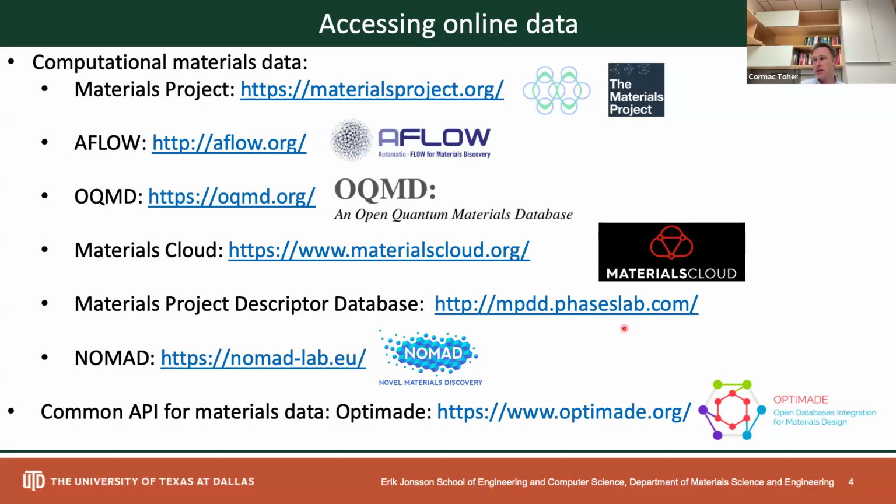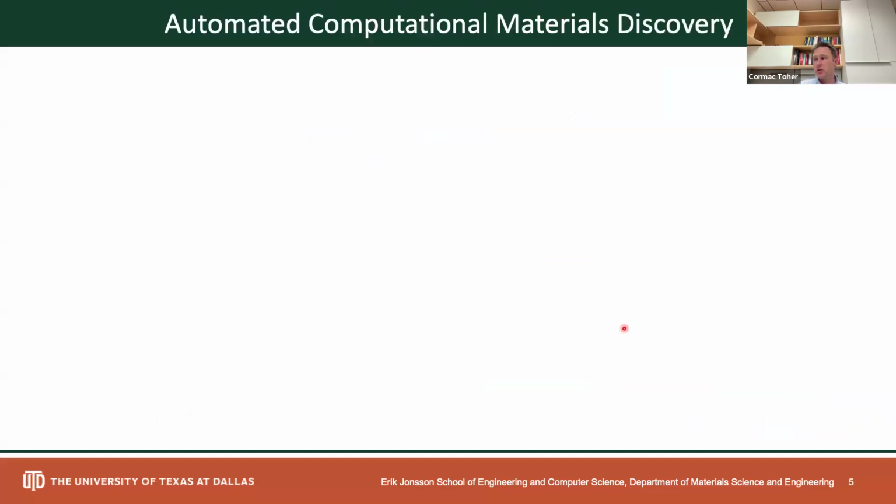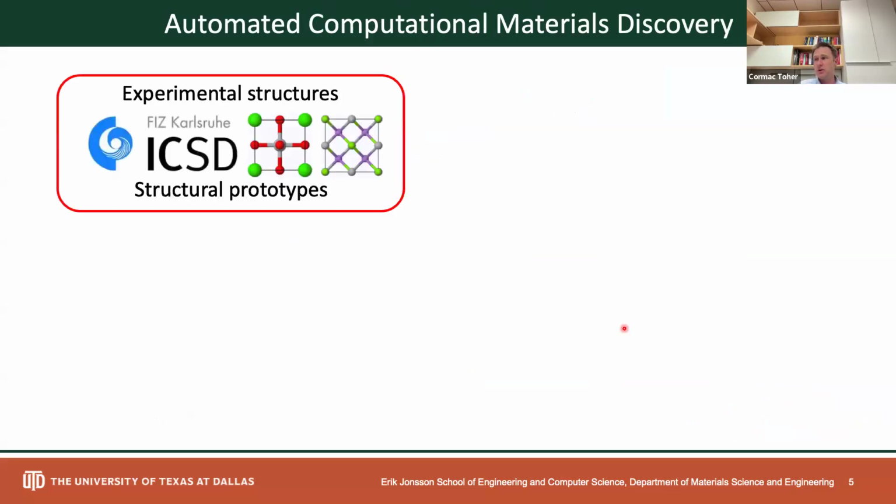So for computational materials, first, let me give some background on how this data is actually generated, in what's called automated computational materials discovery. Typically we start from either experimental structures, things that have already been observed, or what we call structural prototypes. These are basically underlying crystal structures, for example the rock salt structure, the sodium chloride type structure, and then you decorate this with different elements.